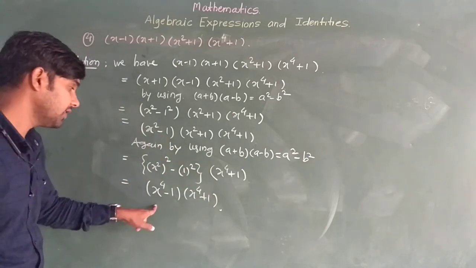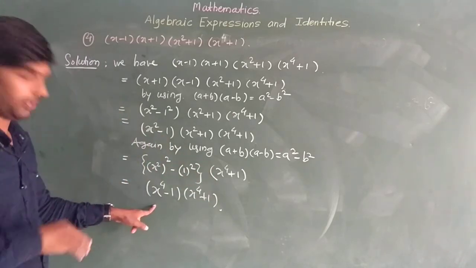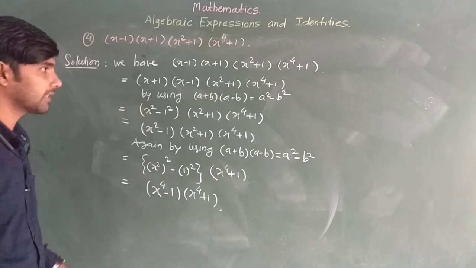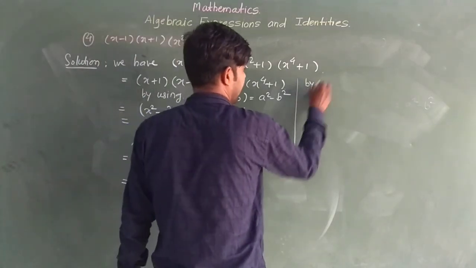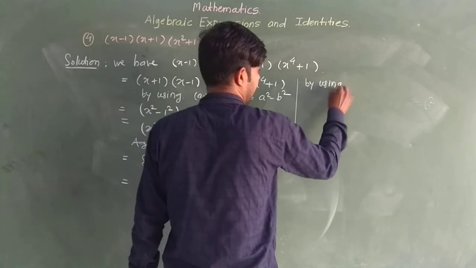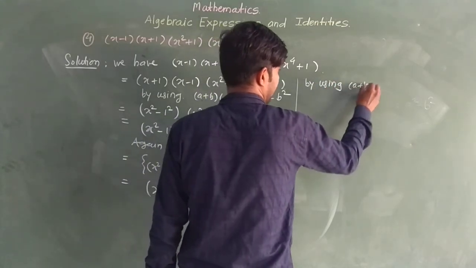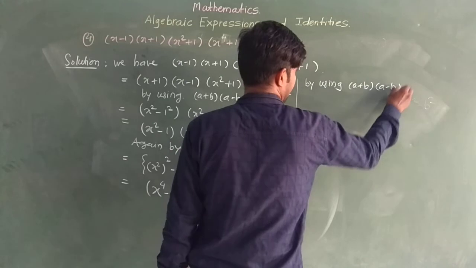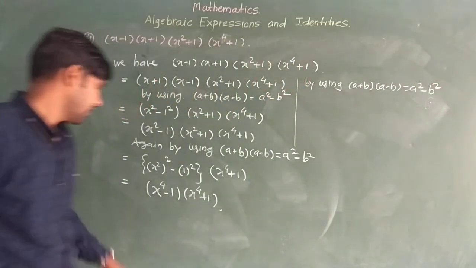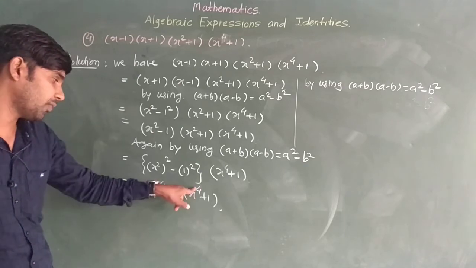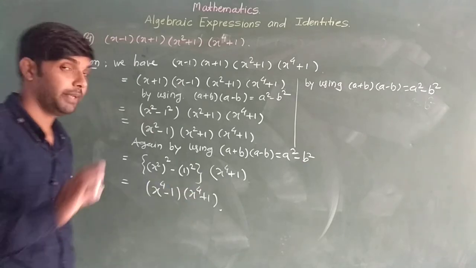So again we use here which identity? Third identity, (a plus b)(a minus b). We write here by using (a plus b)(a minus b) is equal to a square minus b square. So a is here x raised to 4, b is 1.